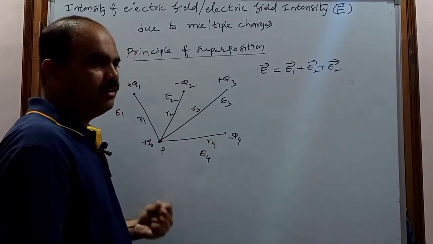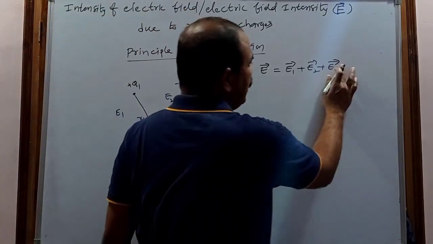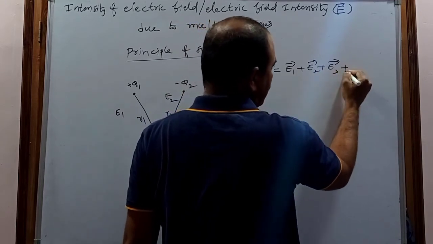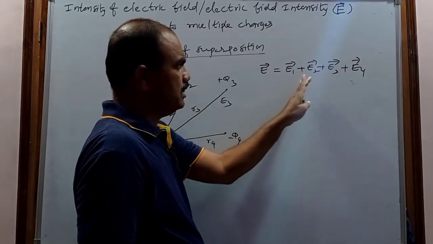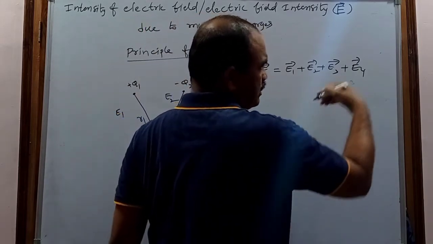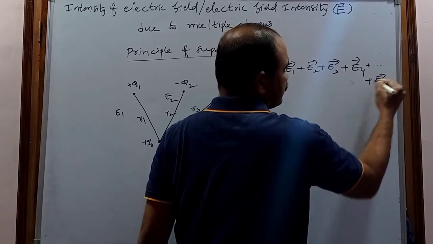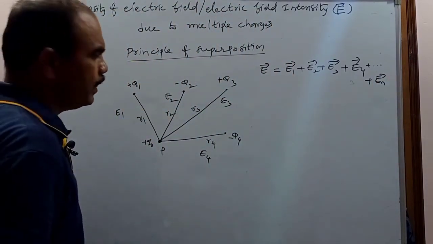That gives the intensity of electric field due to multiple charges, and that is nothing but E1 bar plus E2 bar plus E3 bar plus E4 bar. If the system contains 4 charges, this is the formula. If the system contains n charges, you add up to plus En bar. In this way we can find the intensity of electric field due to multiple charges.